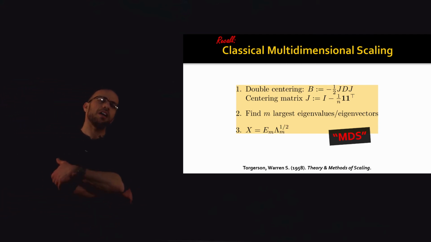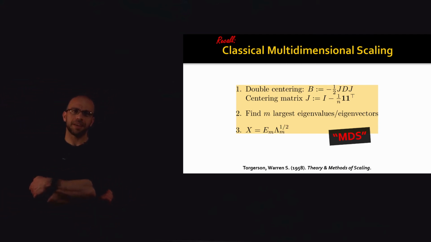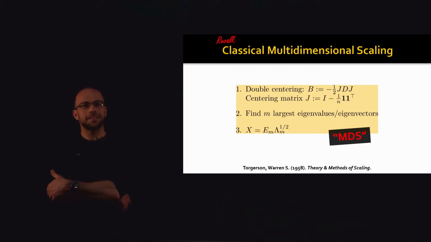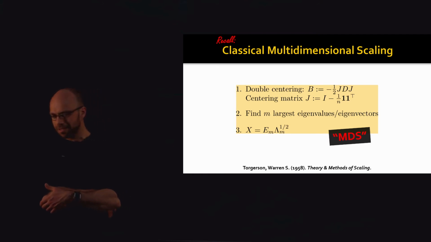Now, if we go all the way back to our distance metric embedding algorithm, one of the algorithms that we talked about was a technique called classical multidimensional scaling, which we motivated as basically computing eigenvectors of a distance matrix as a way to embed distances into a Euclidean domain.